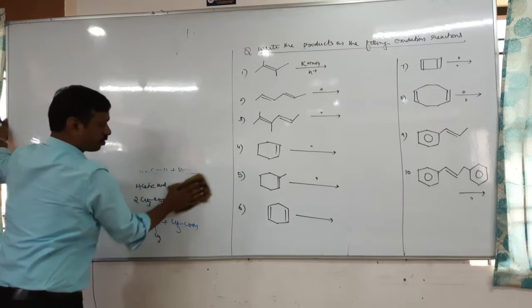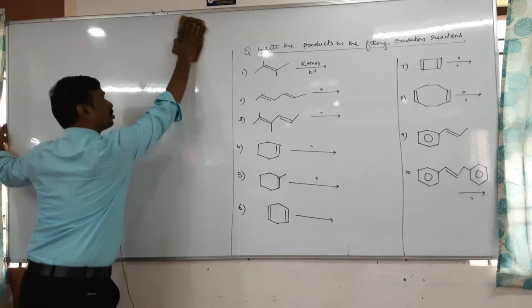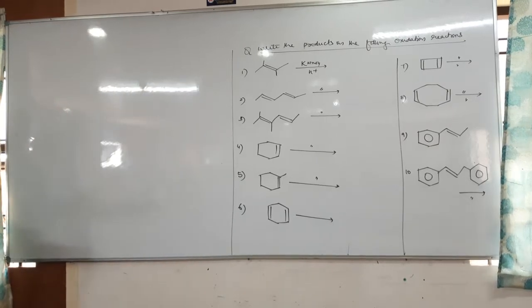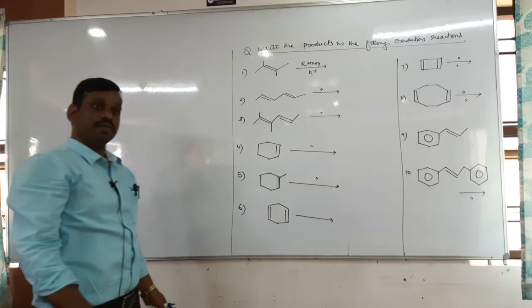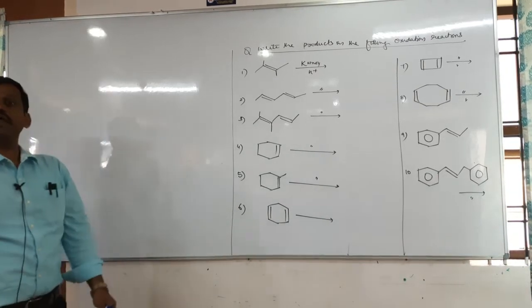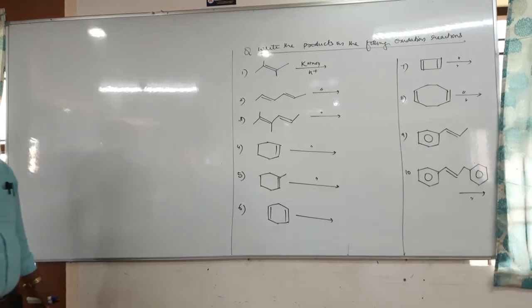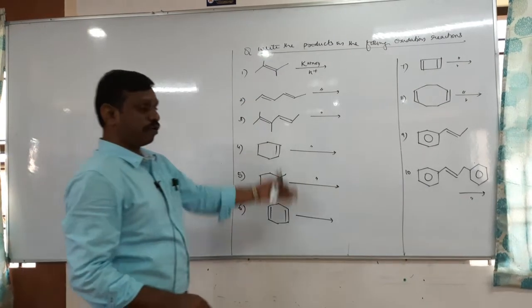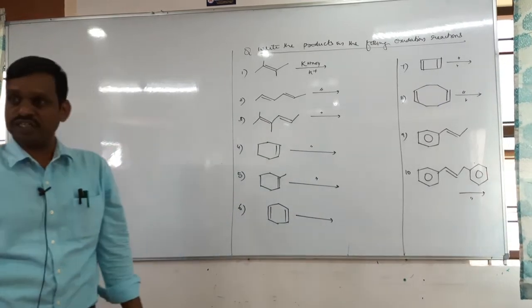In acidic medium, strong. Even in electrochemistry we studied the SRP value. The SRP value of KMnO4 in acidic medium is more than in alkaline medium. So in acidic medium, both potassium permanganate and potassium dichromate are strong oxidizing agents.